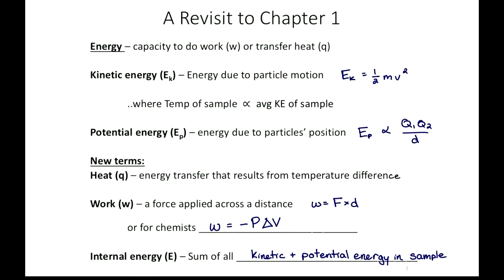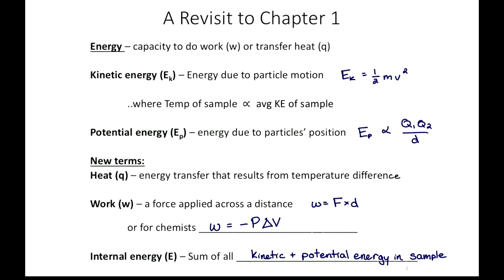But since oftentimes we're working with a lot of particles, we have a large sample, we associate kinetic energy with the temperature of the sample. So we'll constantly be referring to this idea that the temperature of the sample is actually the average kinetic energy of the entire sample. So do understand that if the temperature goes up, we oftentimes see the particles moving faster within there.